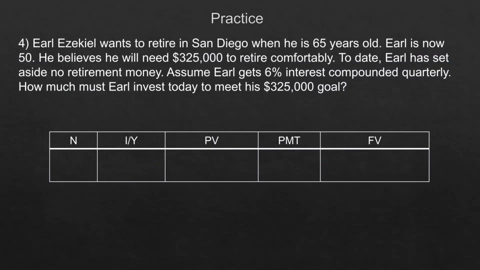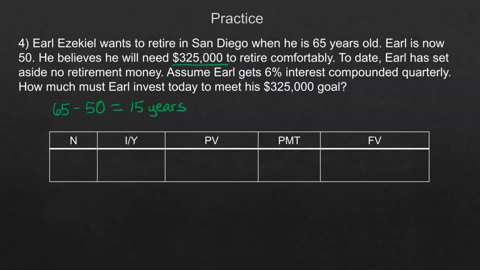Here's the next question. Earl wants to retire in San Diego when he is 65 years old. Earl is now 50. Okay, so right off the bat, we see that in 15 years, he wants to retire. He believes he will need $325,000 to retire comfortably.